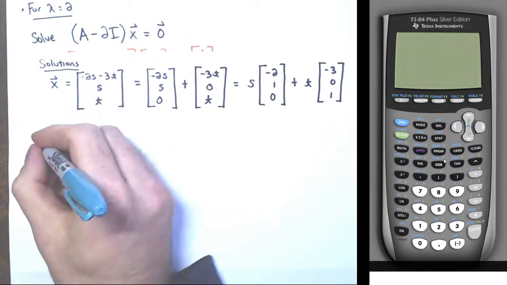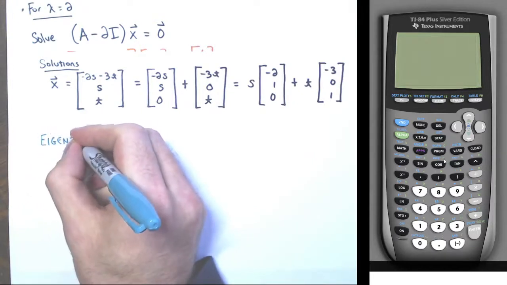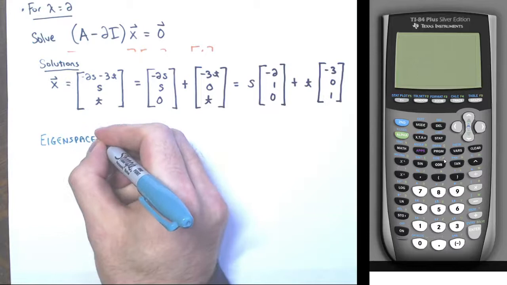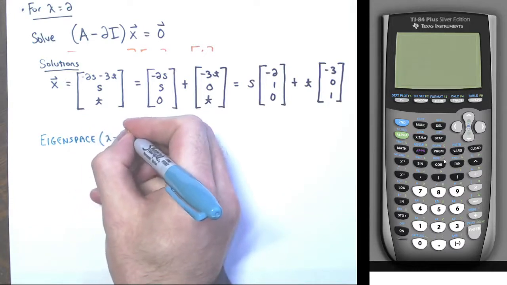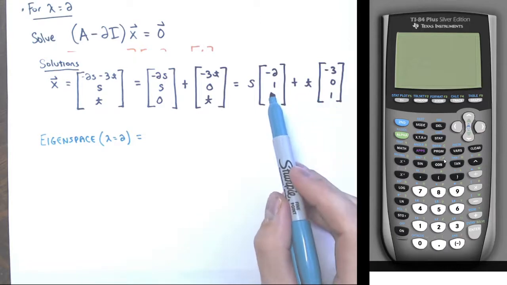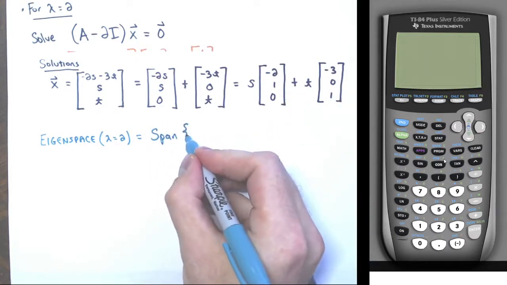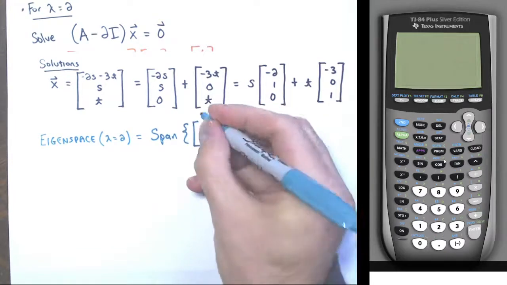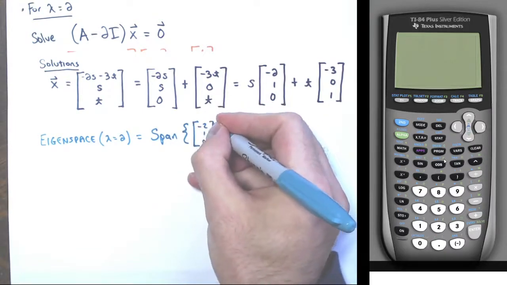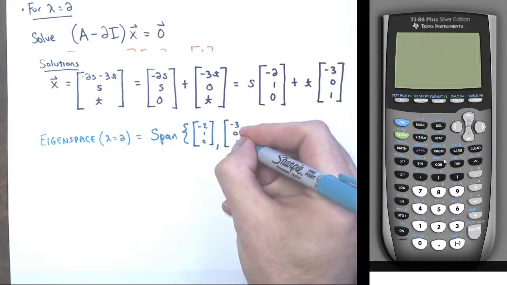So the eigenspace for lambda equals 2 is just the set of all linear combinations of these two vectors. So it is the span of the set containing the vector negative 2, 1, 0 and the vector negative 3, 0, 1.